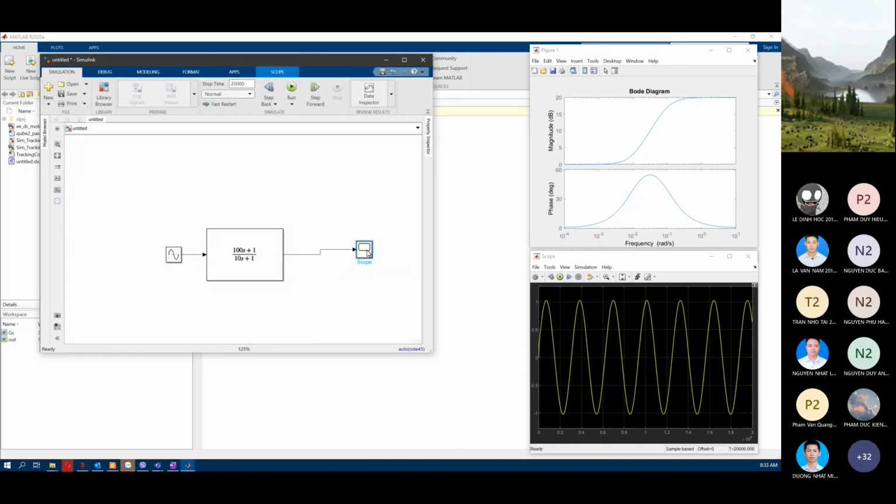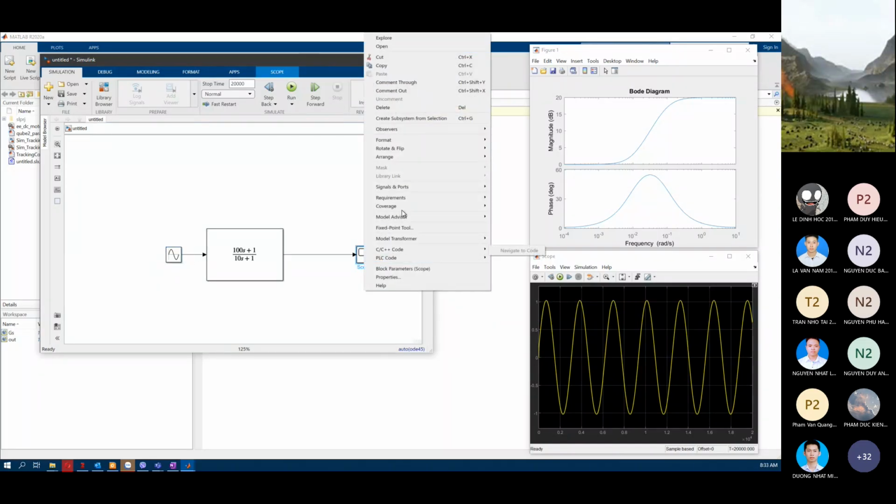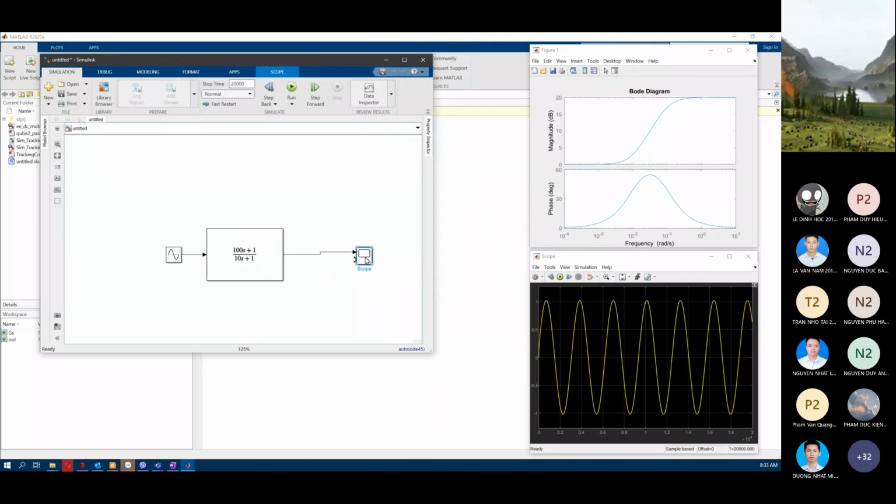Okay, so we want to compare the input and the output. So I want to add signal 2, and I want to connect this one here. Yes, then we can have, yeah.